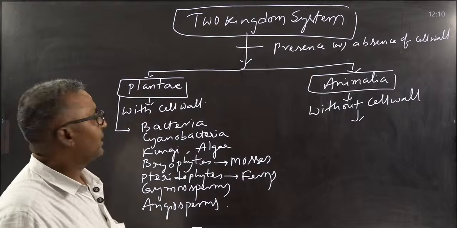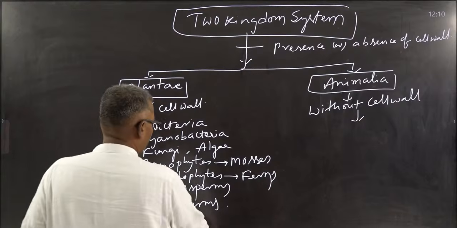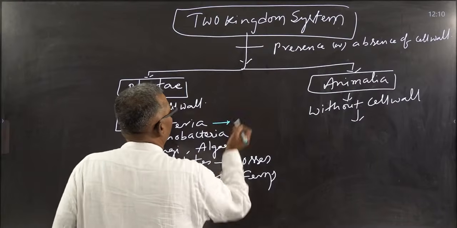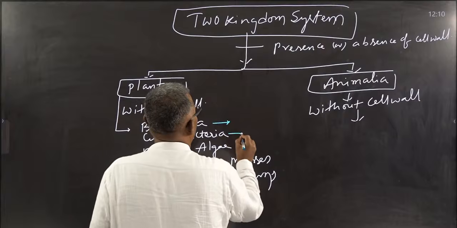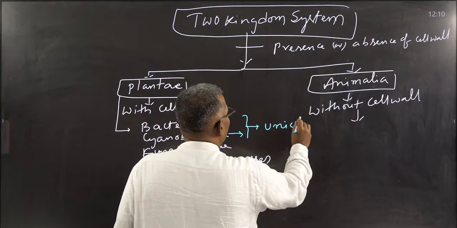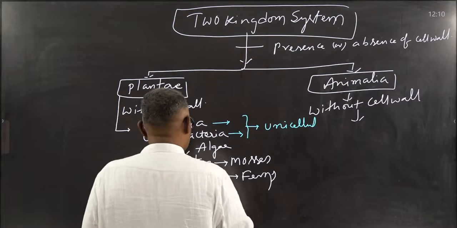Now if you look into this classification, look here carefully. Take bacteria and cyanobacteria, both unicellular. Of course, cyanobacteria includes even colonial and filamentous forms, that is different.